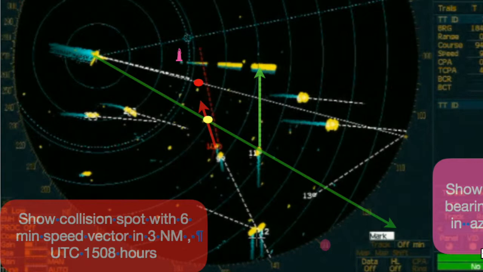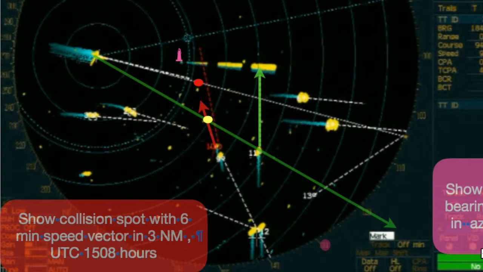Okay, if you have a problem understanding what I was saying, please refer to the picture. The original collision spot was colored red. If own ship changed the course from 105 to 120 degrees, this spot moved from the red one to the yellow one.